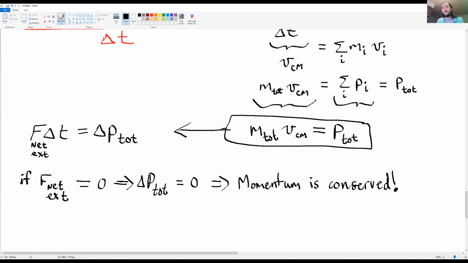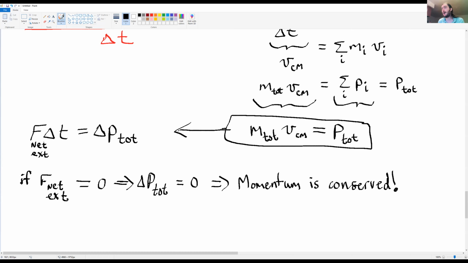So those equal and opposite forces cancel out when we sum up all of the forces on those objects. So Newton's third law is actually very crucial there for momentum conservation. Okay, momentum conservation is a consequence of Newton's third law.